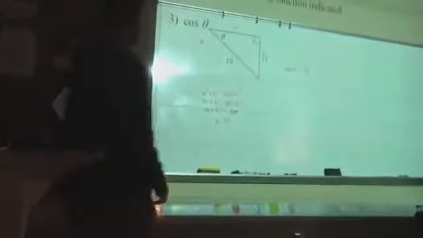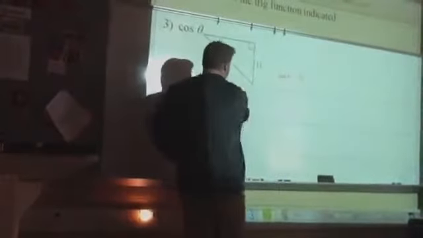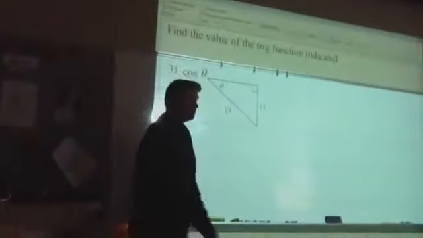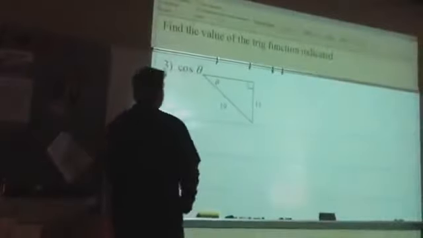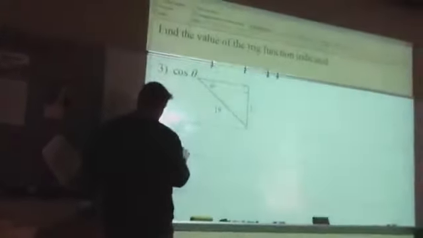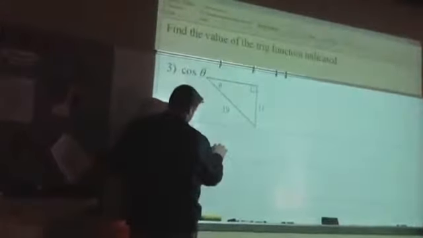Number 3. Says the cosine of theta. Cosine is the adjacent side over the hypotenuse. Do you know the adjacent side of theta? No. There's the opposite. There's the hypotenuse. So 11 squared plus b squared equals 19 squared.